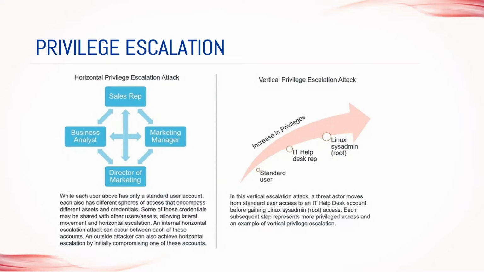The horizontal privilege escalation applies to all the situations when an attacker acts as a specific user and gains access to resources belonging to another user with a similar level of access. For example, you can see the employees right here: a sales representative, business analyst, marketing manager, and marketing director. Not all of these users will have high privilege access. Let's take an example.